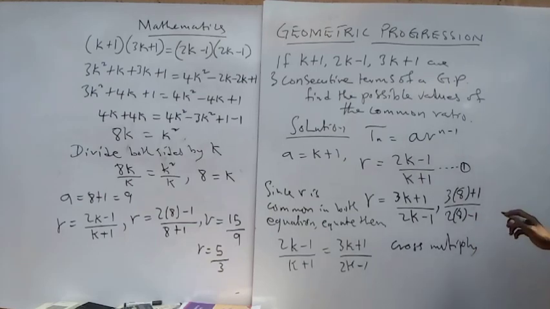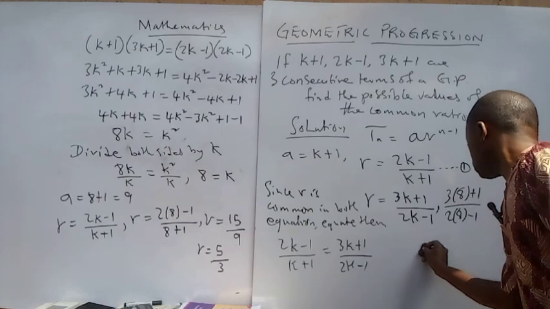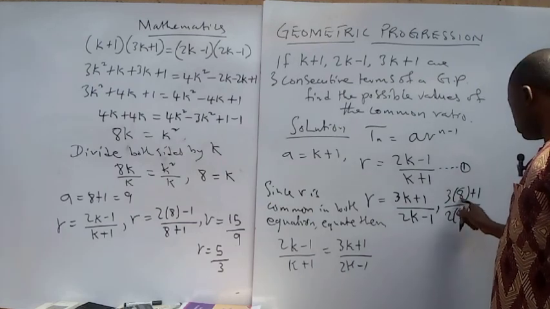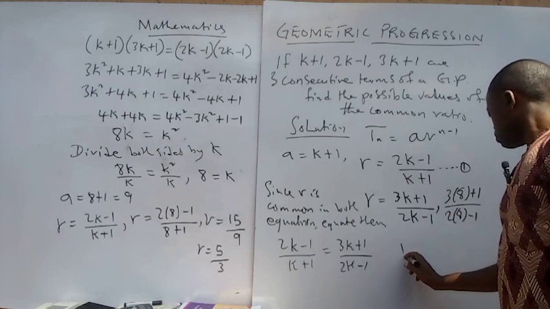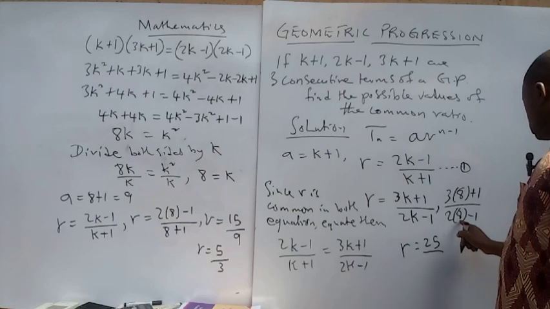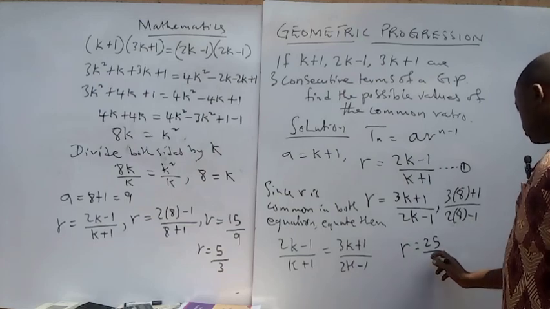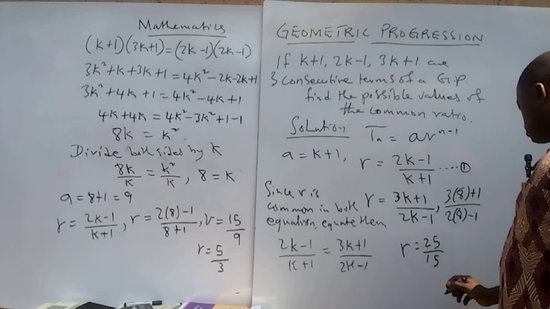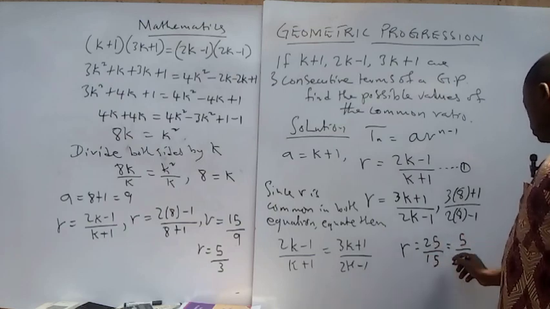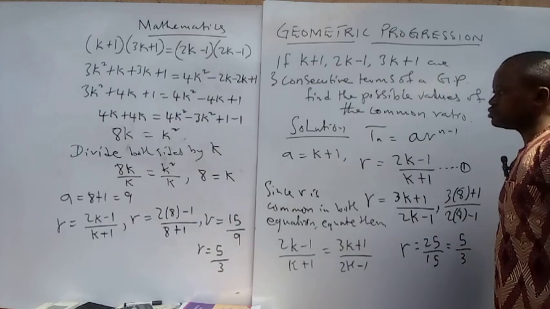This one will be 3 times 8 is 24 plus 1, 25. So R is 25 over 2 times 8 is 16 minus 1. That's 15. 5 into here is 5. 5 into here is 3. Oh, that's good. It gave us the same value.